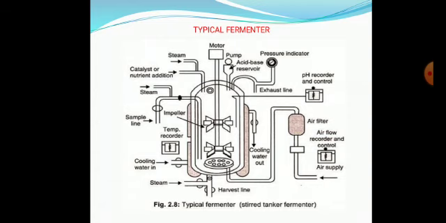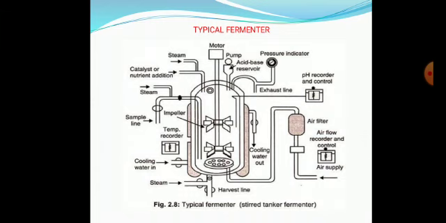So overall put together, you can see that a fermenter looks very complicated in structure, with so many connections connected to the fermenter, which help us in controlling the pH, temperature, to mix the medium, to aerate the process, to sterilize the vessel.